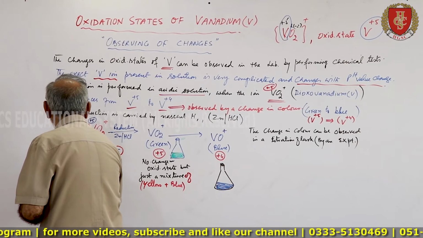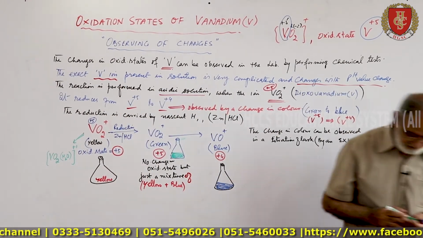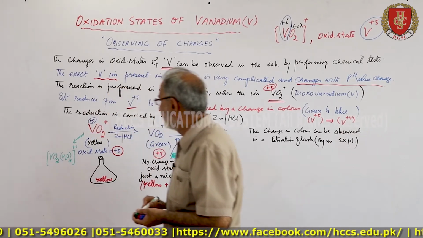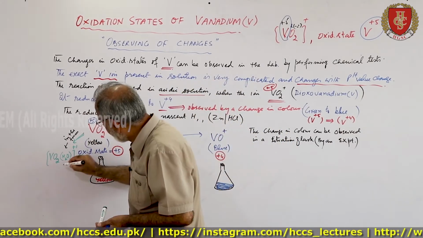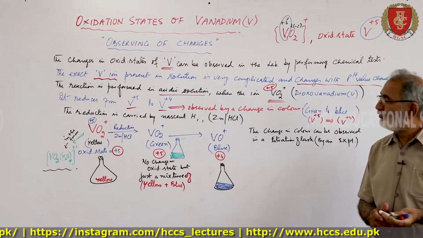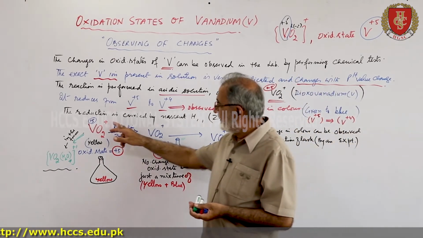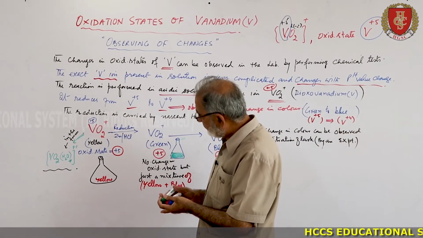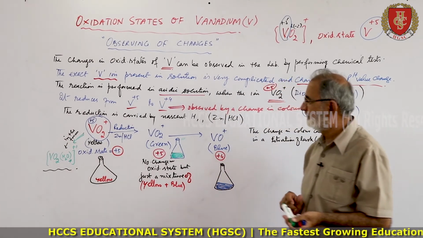This VO2+ is basically taken as VO(H2O)4 2+, with 4 water molecules in that form. So simply you can write this one by the simple ion.